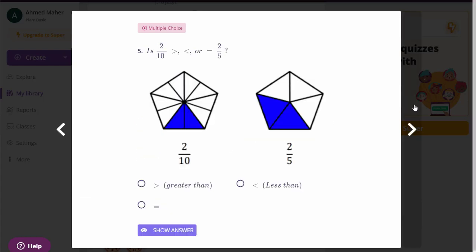Khalid, go ahead. 2/10 is greater than, less than, or equal to 5/5. So, greater than, or less than, or equal? Equal. What? No, sorry.